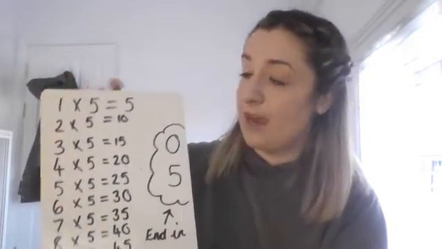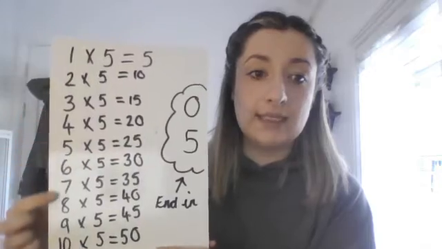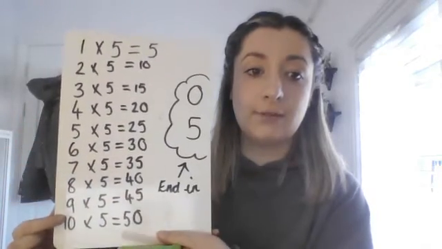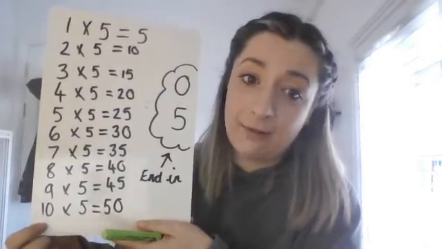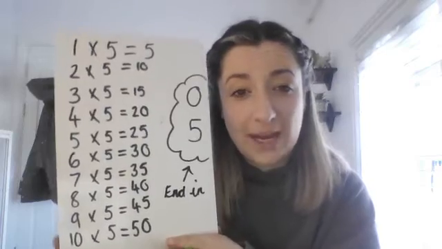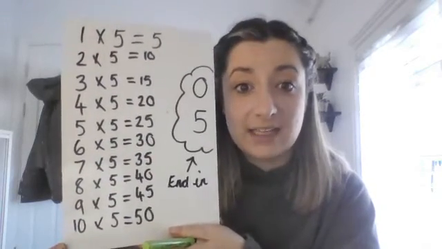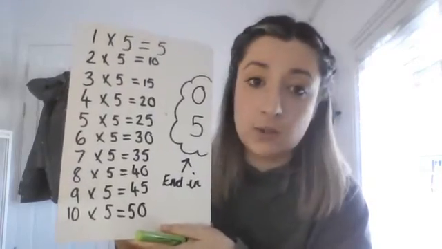So I've got 1 times 5 is 5, 2 times 5 is 10, all the way down to 10 times 5. Now, if I had some more room, I actually would have done 11 times 5 and 12 times 5. But I haven't, and then when I was writing it down, I had a moment where I thought, oh yeah, there's a trick in here that's going to help you with this question.